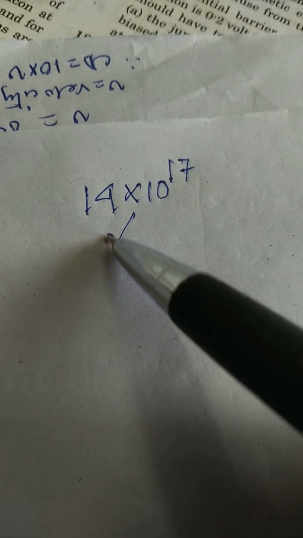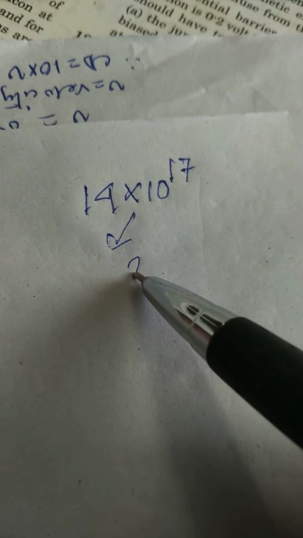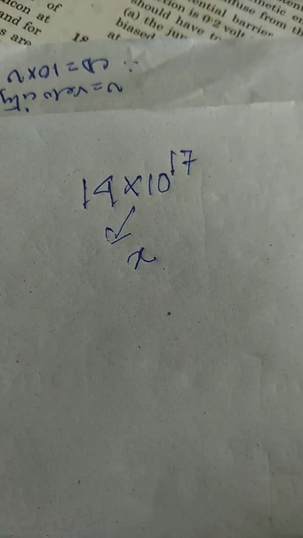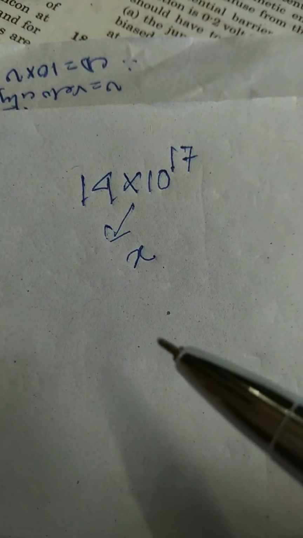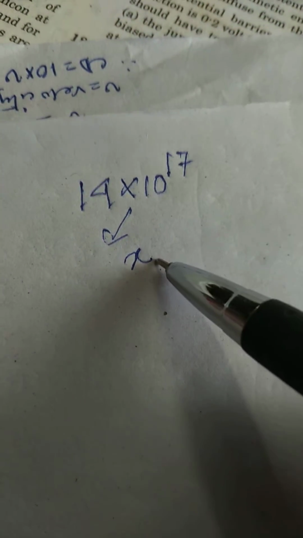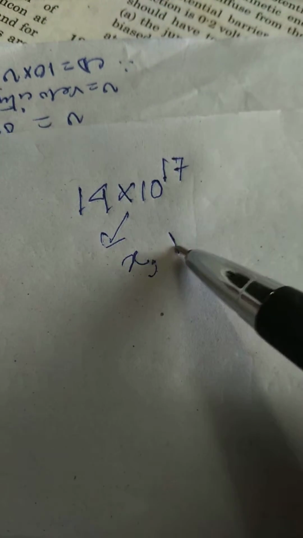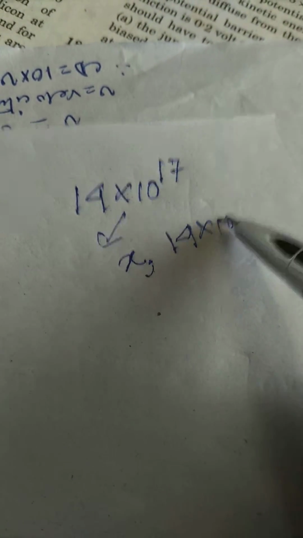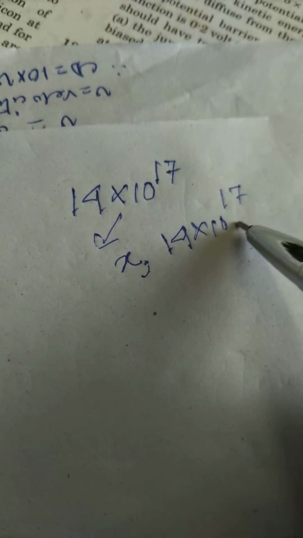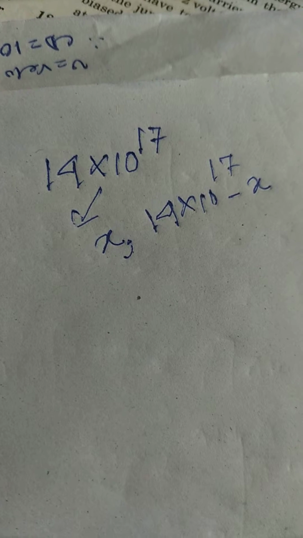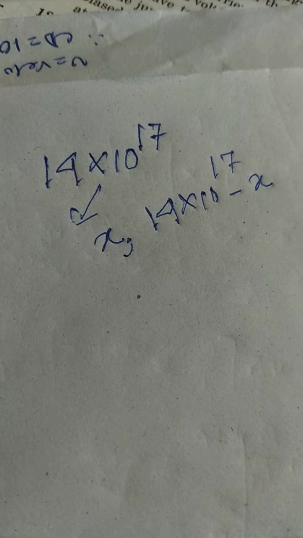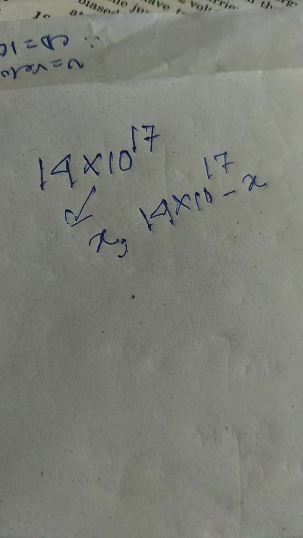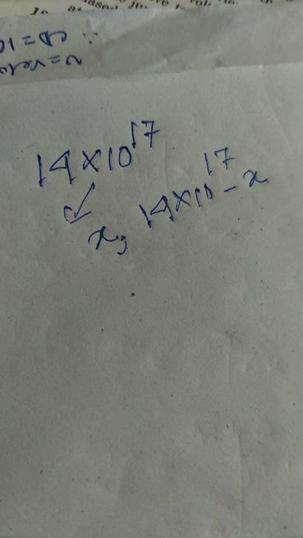So let me consider, out of here x number of holes are there. So how many electrons are there? The remaining, 14 into 10 to the power 17 minus x.